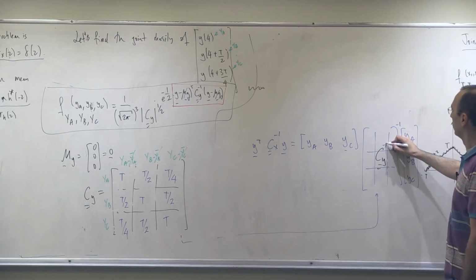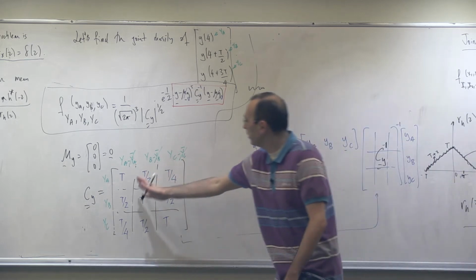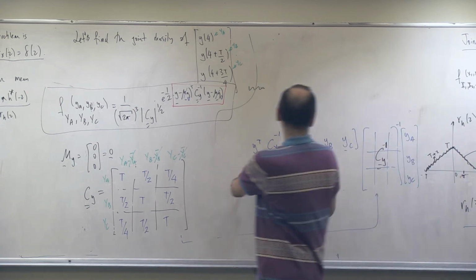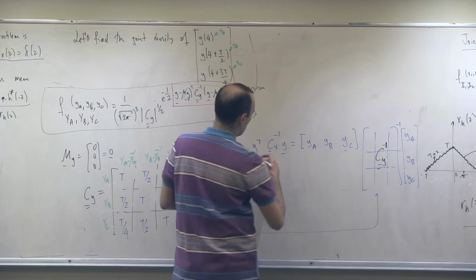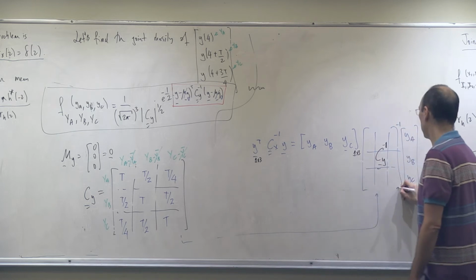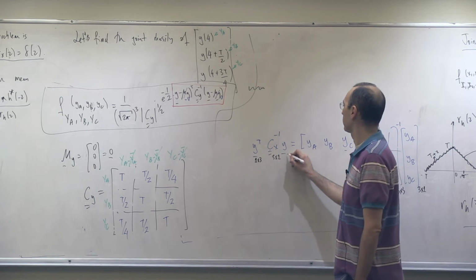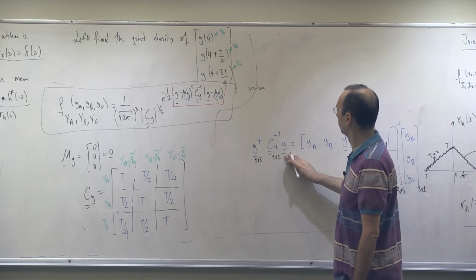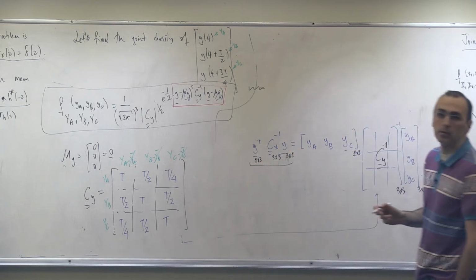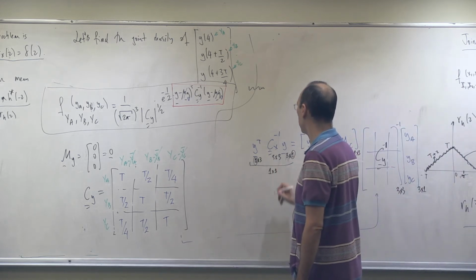After I calculate the inverse of this matrix, I do this kind of a calculation. If I do this, this is a 1 by 3 vector, this is a 3 by 3 matrix, this is 3 by 1. So at the end, I get a scalar, it's a 1 by 1.